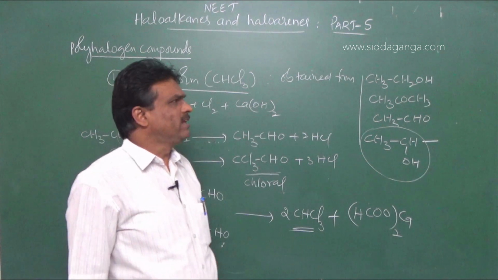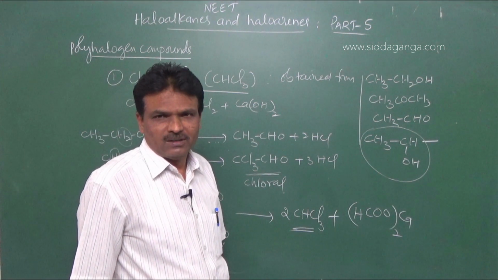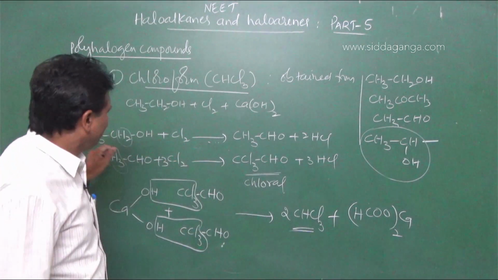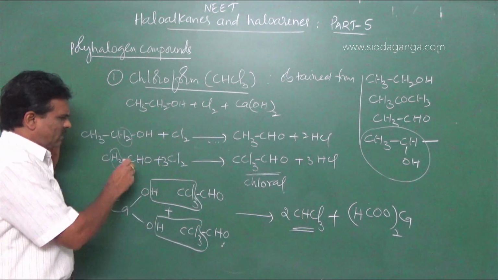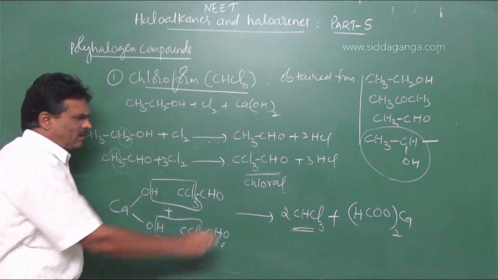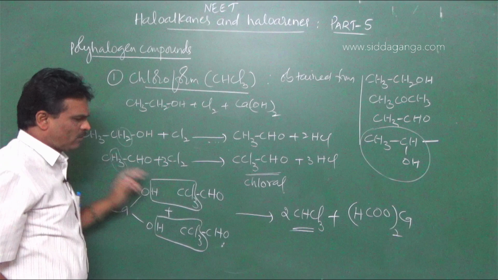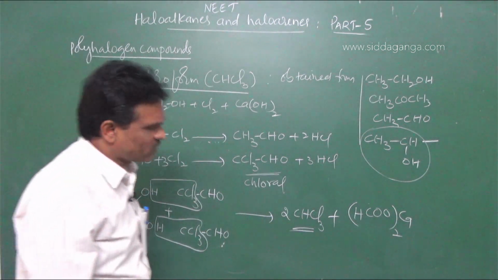Ethanol with chlorine gives acetaldehyde, acetaldehyde with chlorine gives chloral or trichloroacetaldehyde, and trichloroacetaldehyde reacts with calcium hydroxide to form chloroform. Clear? That is the preparation of chloroform.